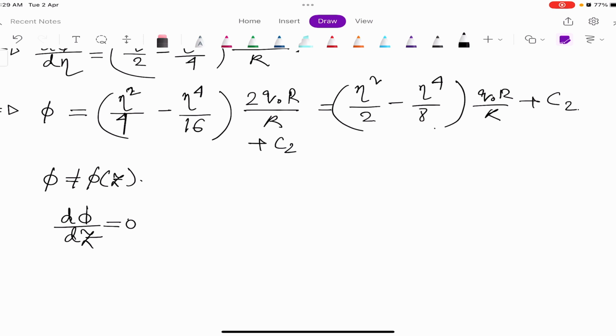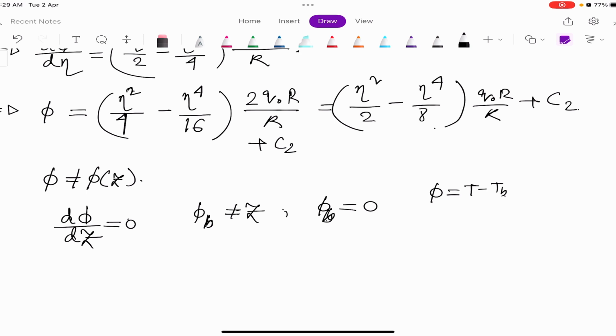And what is φ_b? φ_b we have to integrate with respect to r. Since φ was not a function of z, definitely φ_b is not a function of z, and we have also shown that φ_b is equal to 0, because φ equals T minus T_b.